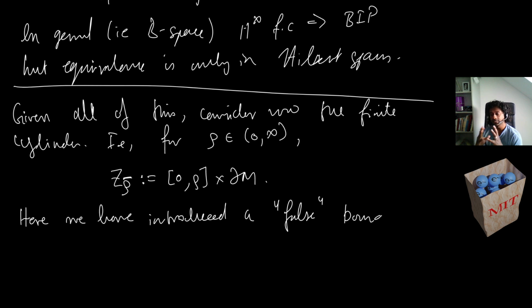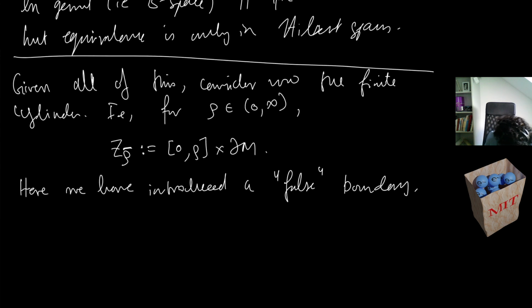So this is just a technical necessity, okay? So in application, this really has no consequence. So what is the false boundary? It's the boundary at the endpoint rho cross partial M.